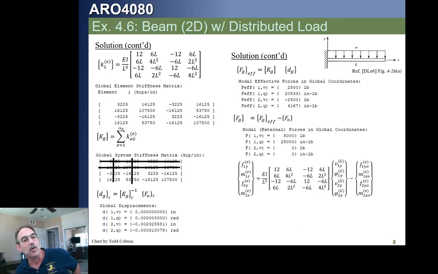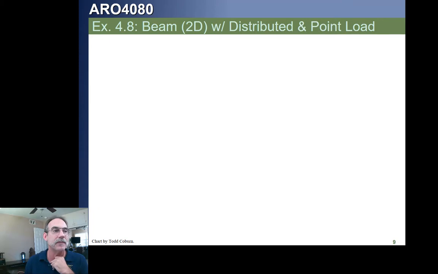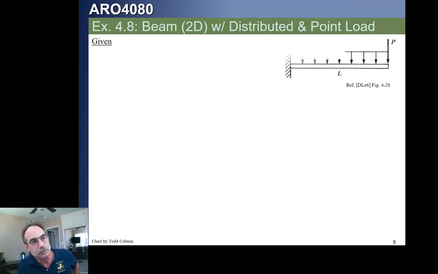So at node 1, we have to subtract out the F1O that we applied and the M1O that we applied, and the same thing at node 2. That gives us our element forces, which we find are these. And that makes sense because we see at the left end we have a reaction shear and moment. At the right end it's free, there's nothing there. See how that works? Let's take a look at another example.